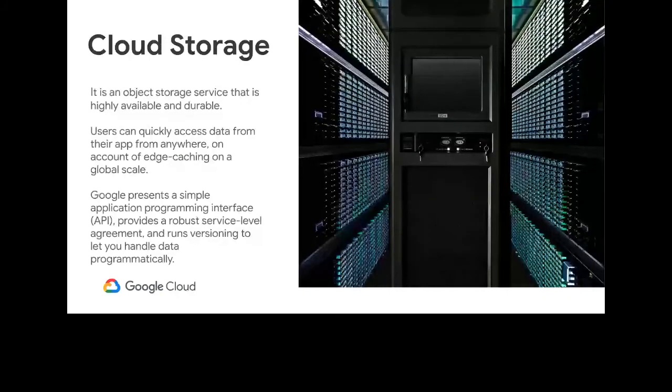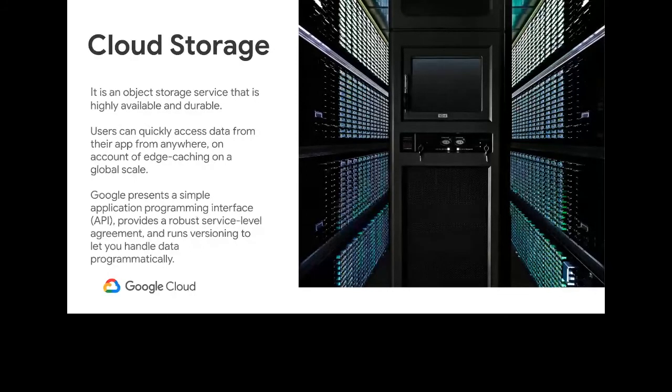Coming to the number two value which Google Cloud has to offer, that is unlock the value of data. So what infrastructure or what facilities do we offer to our customers so that they can store their data securely? The first product which Google Cloud has to offer is Cloud Storage, right?